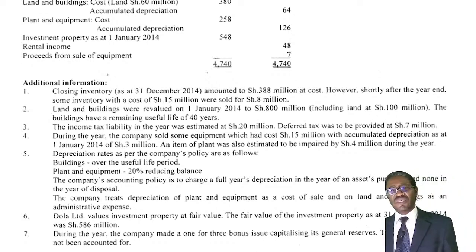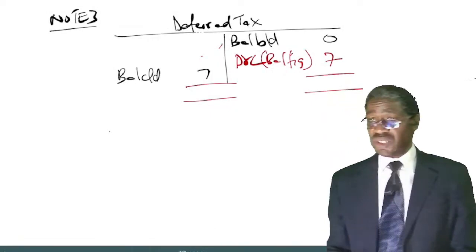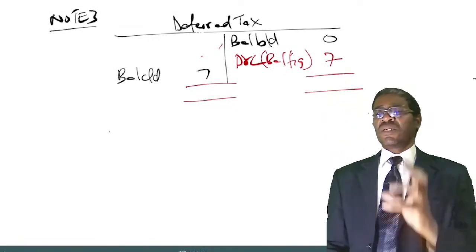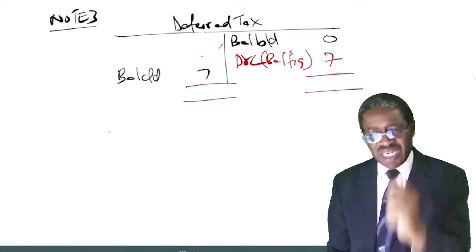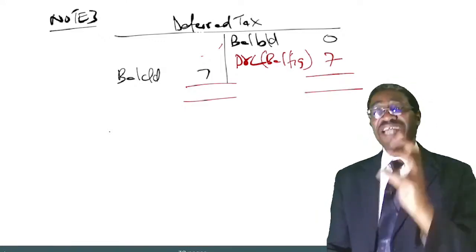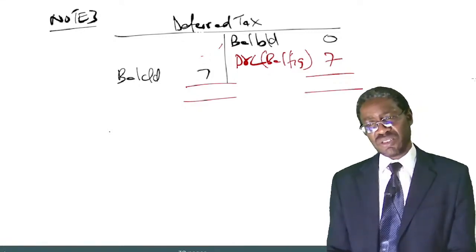Let me explain. Here they are testing you on disposal of assets. That area is not a financial reporting area. It is a financial accounting thing that you did in financial accounting.